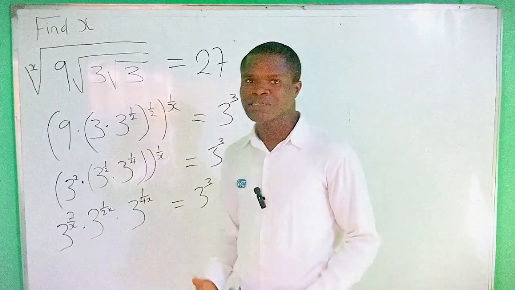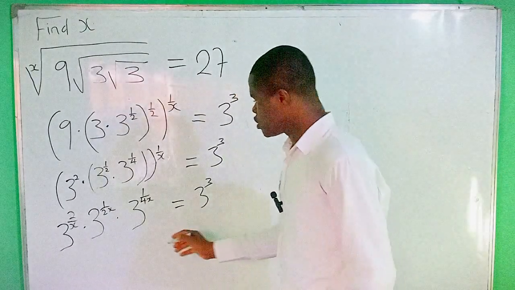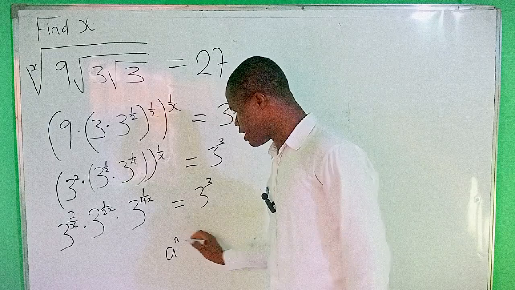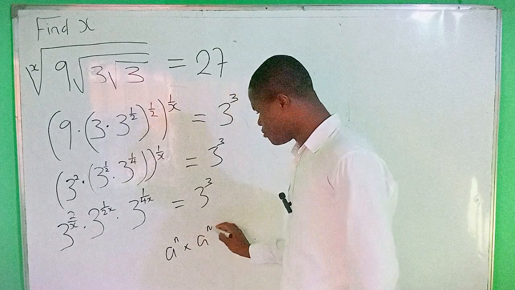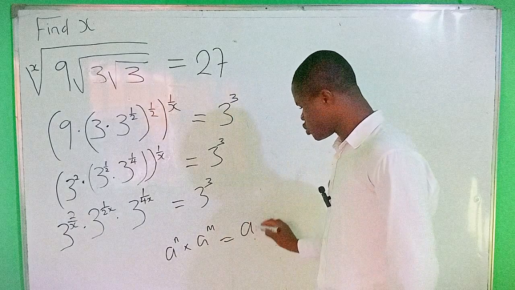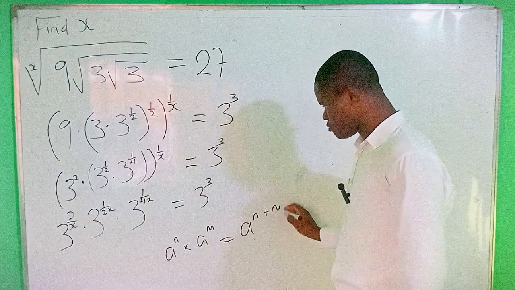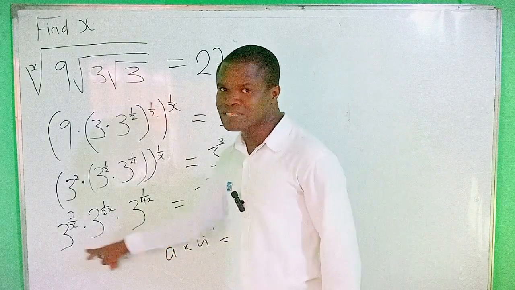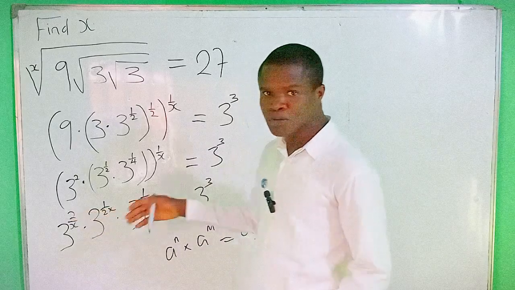Here we are going to apply the multiplication law of indices, which says that if you have a raised to power n times a raised to power m, this is something as a raised to power n plus m. Once the bases are the same, you should add up the powers.